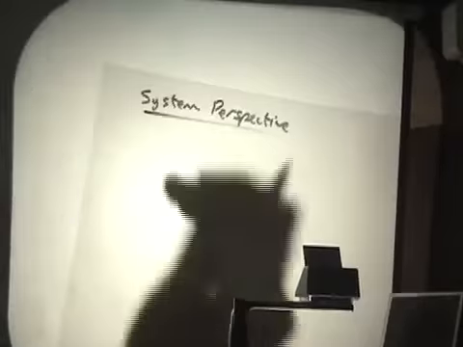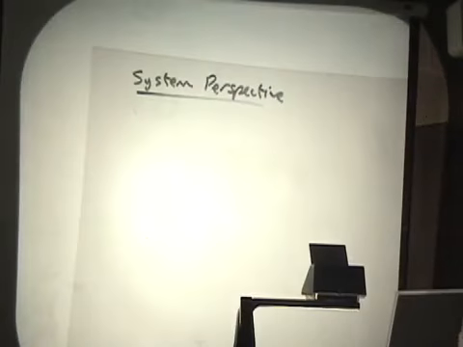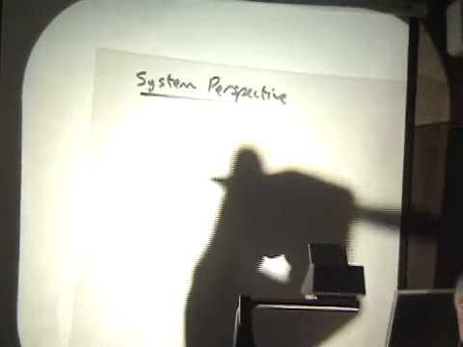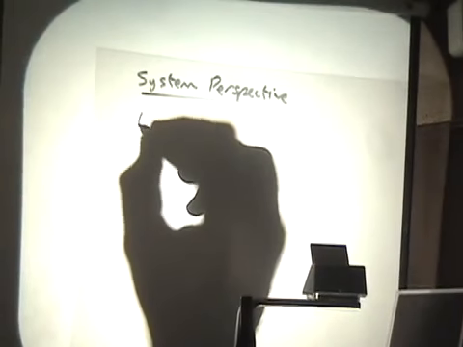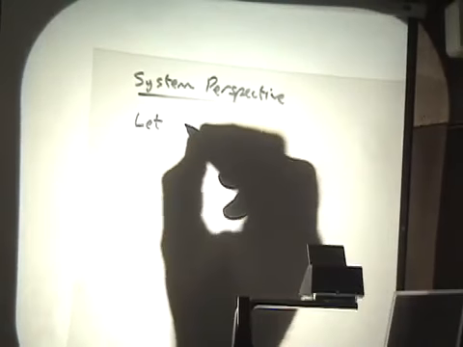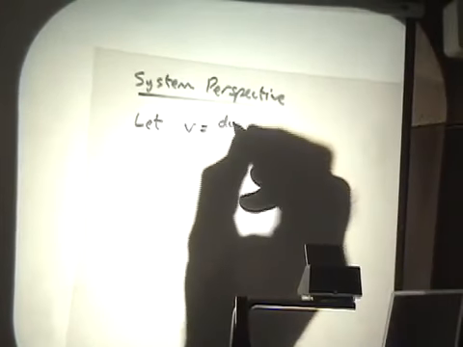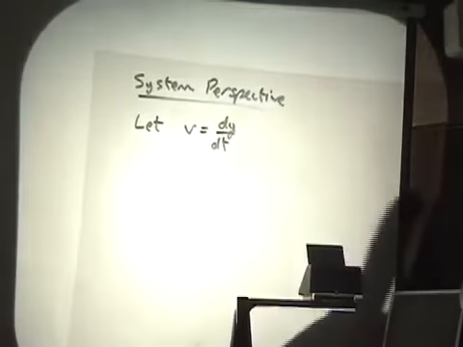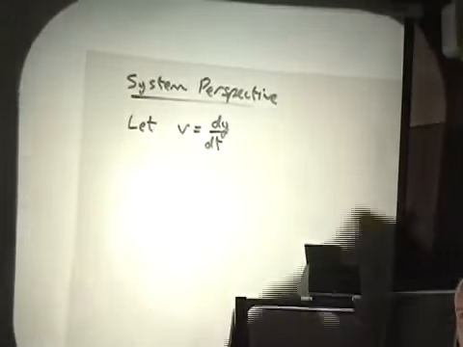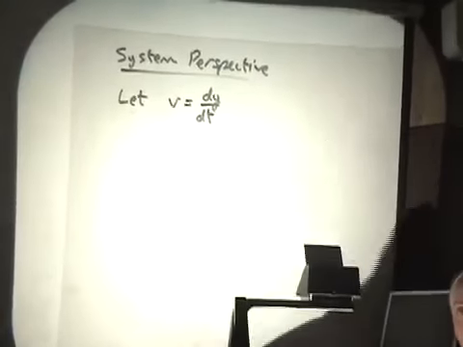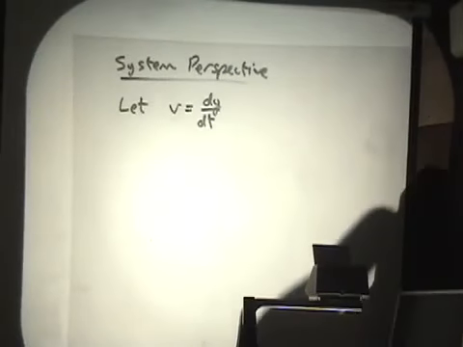What is the system perspective? We can always convert second-order equations like this to systems, a system of 2 first-order equations. Essentially what you do is you introduce a new variable, v, which is the derivative of y with respect to t. It will be the velocity. That new variable equation, that defining equation for v, will be one of the equations in your system.